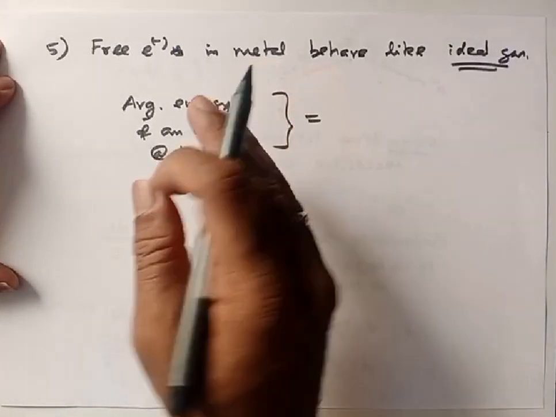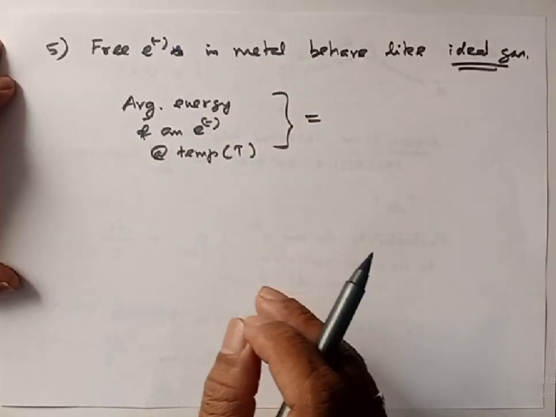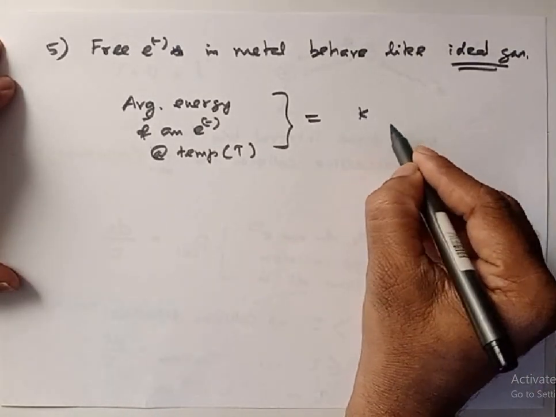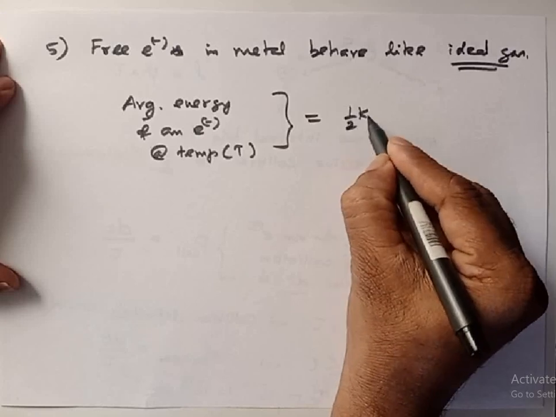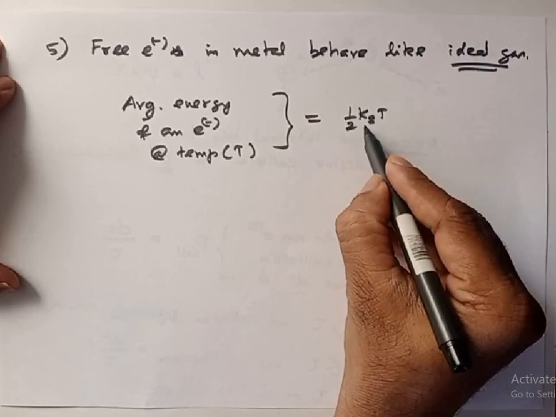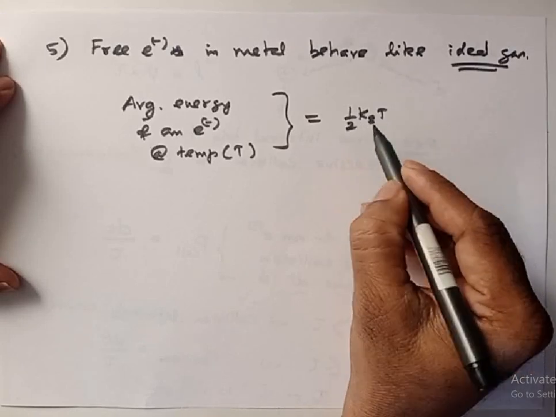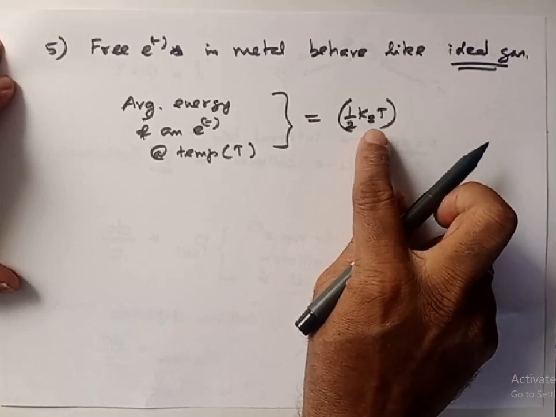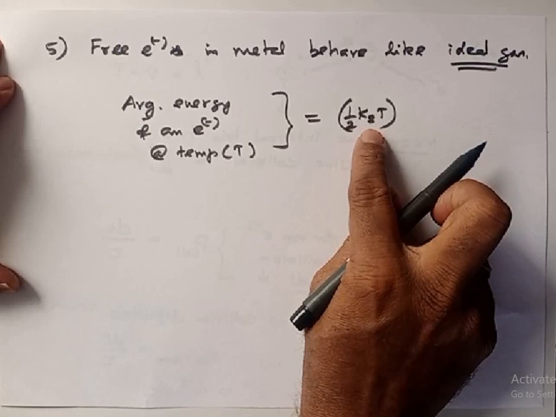There are 3 translational degrees of freedom possible. For each translational degree of freedom, the energy is half kBT, where kB is the Boltzmann constant and T is temperature. This is the average energy for 1 degree of freedom.